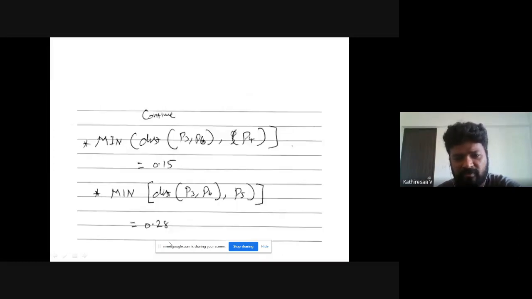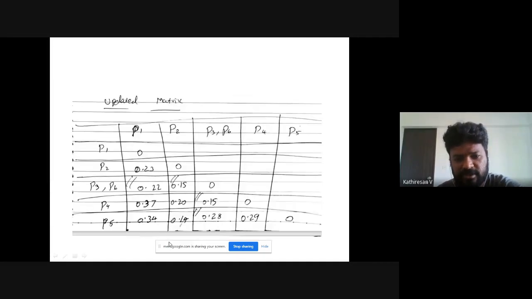So again we have to form a distance matrix. So this is how P3 P6 to P3 P6 is 0, and P3 P6 to P4, P5, P2, P1. Only the areas wherever P3 P6 is associated changed, the remaining are the same.